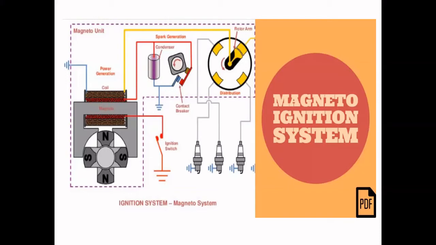Okay. So again, I will repeat, in polar inductor type, both the magnet and the windings remain stationary, but the voltage is generated by reversing the flux field with the help of soft iron polar projections called inductors.